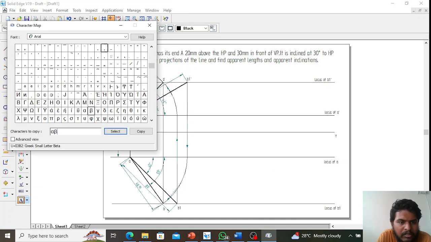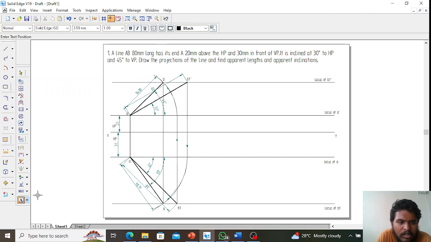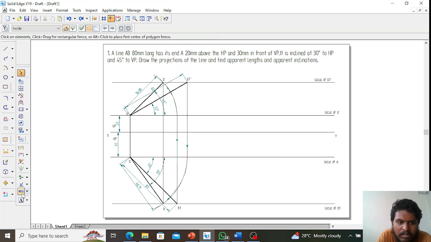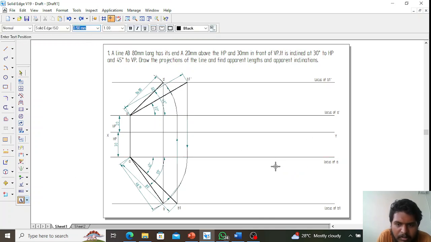So we copy this alpha and beta symbol from here. Now I will paste it here. Let's write the angle as A and B only.